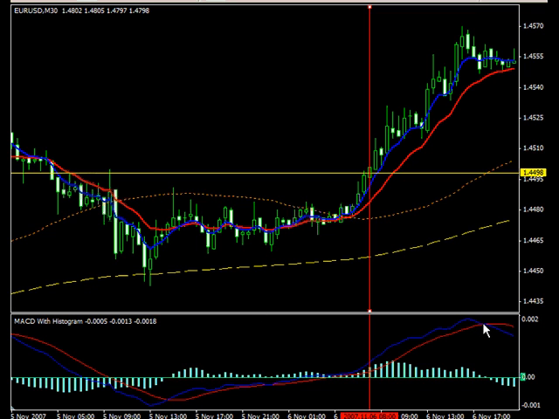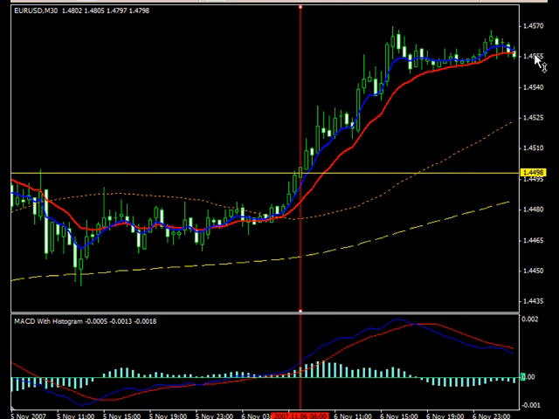One thing that would cause me first caution here is the MACD is starting to wave down, and that's confirmed by price going down. You could take a portion of your trade off at this point and then move your stop up to break even. This is a nice clean and easy 50 pips right there.